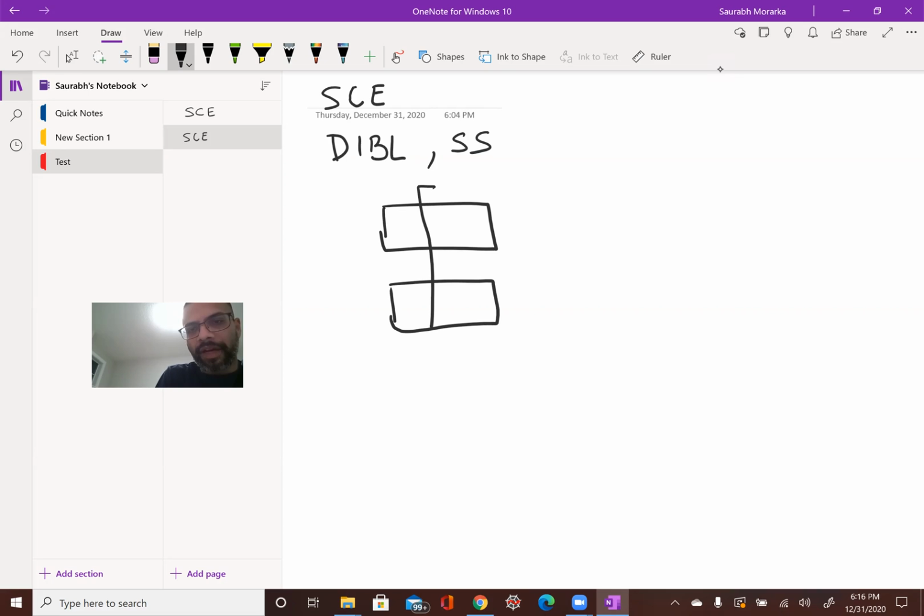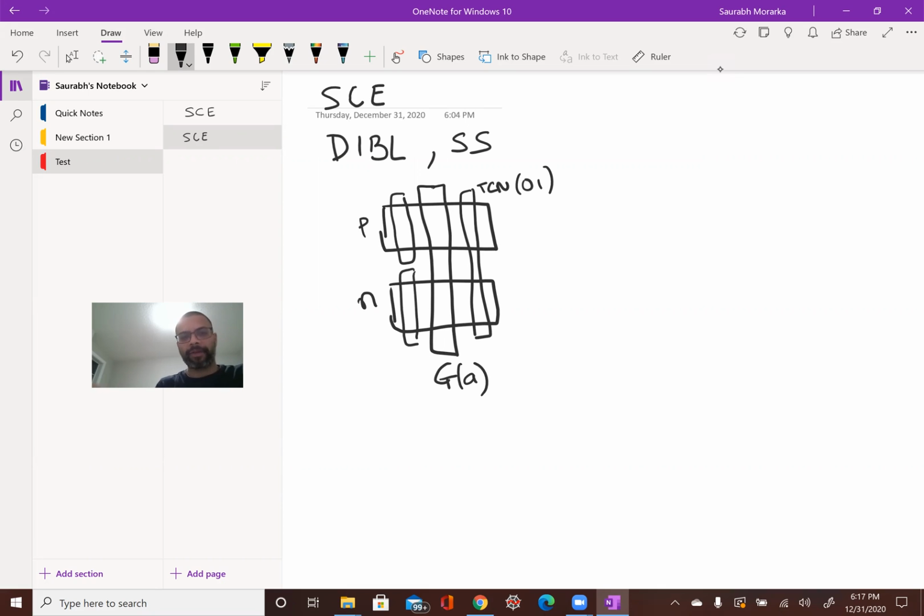And if we have a poly or a gate, which looks like this, which is the input node, and there is an output node, and this would be the power supplies for the two. So this is P, this is N.